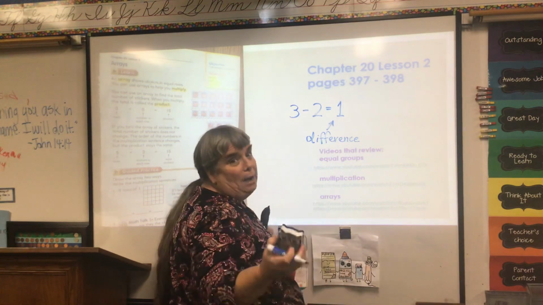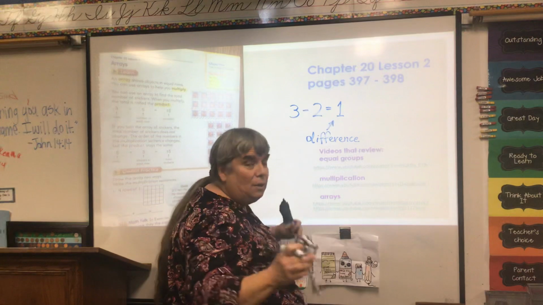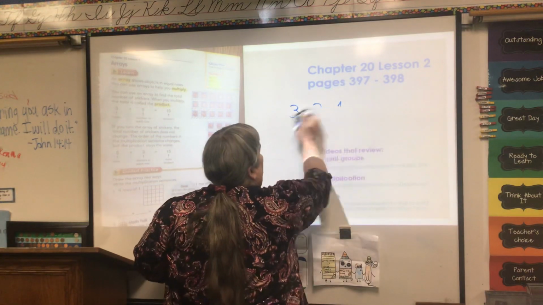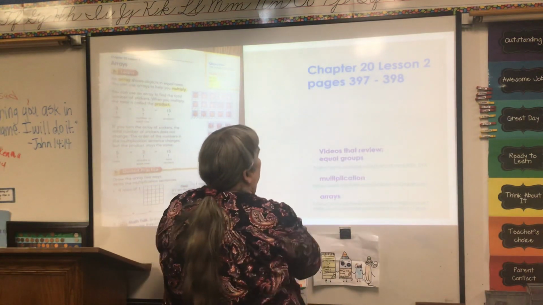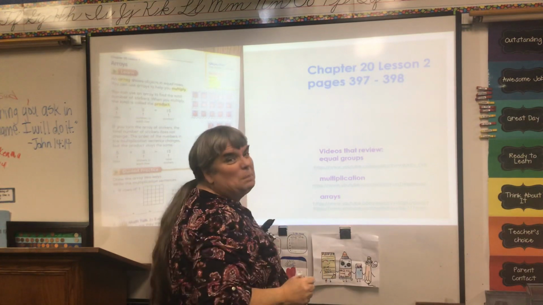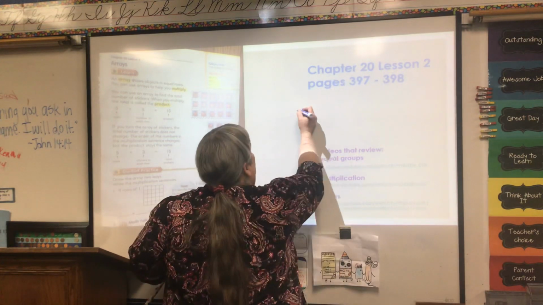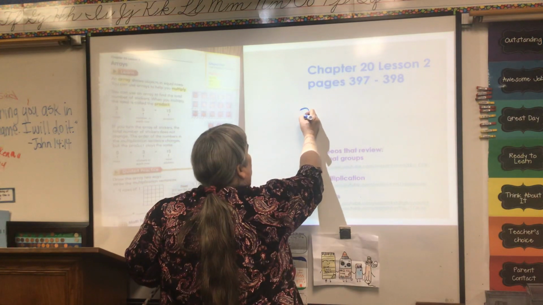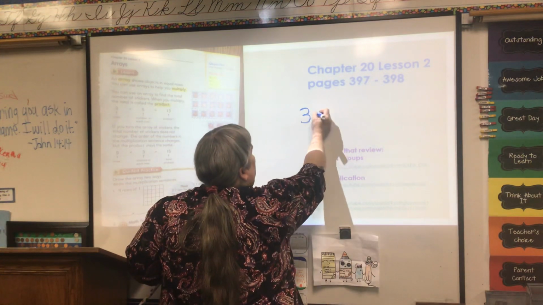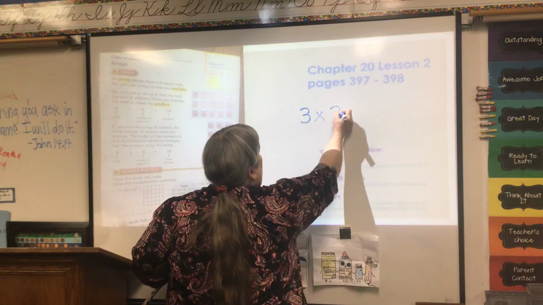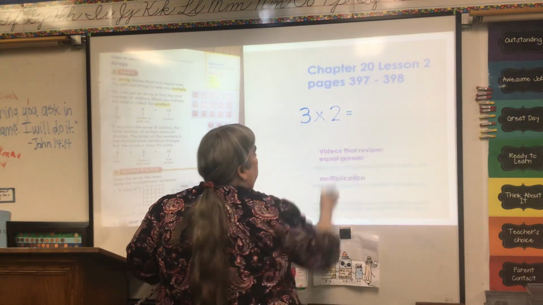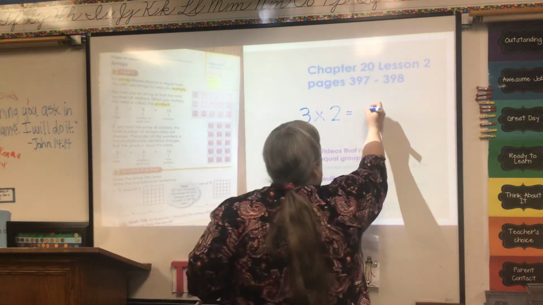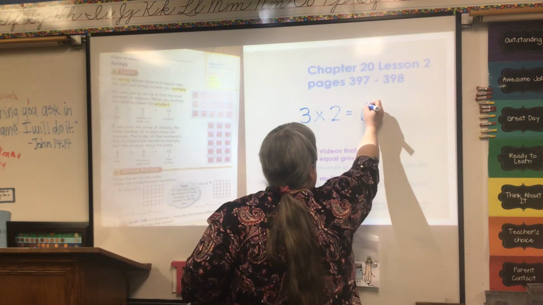Now we have a brand new word to learn, and it's very important. The word is product. So if we did this math problem, 3 times 2, the answer would be 6.